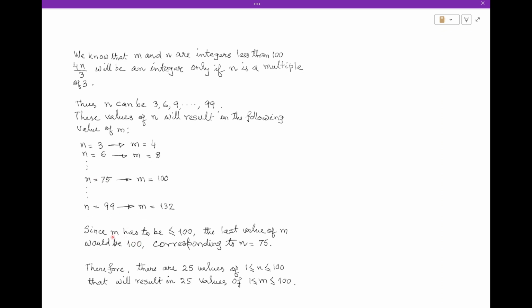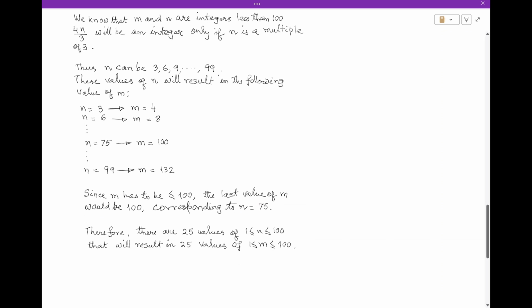But m has to be less than or equal to 100. Therefore, the last value of m would be 100, corresponding to n equal to 75. Because if that is not so, m will become larger than 100.